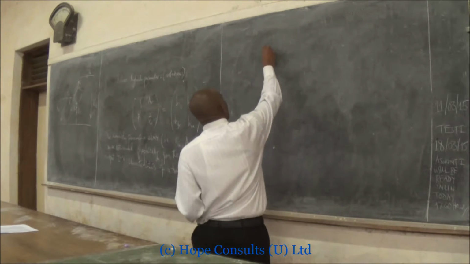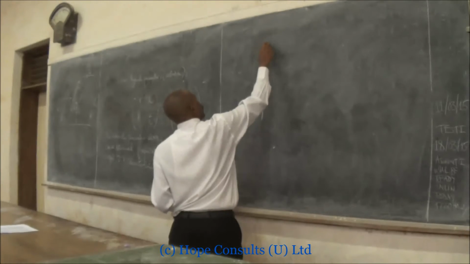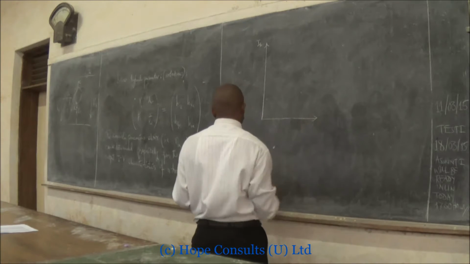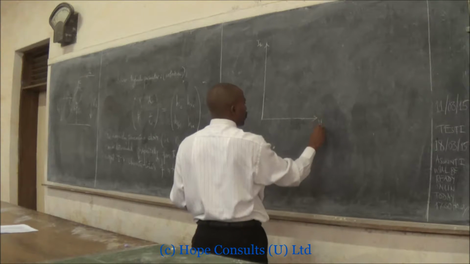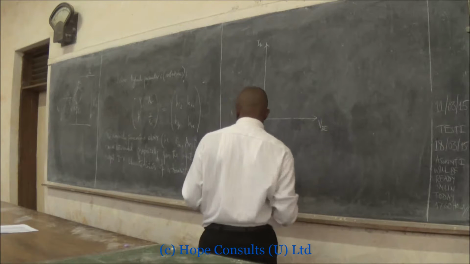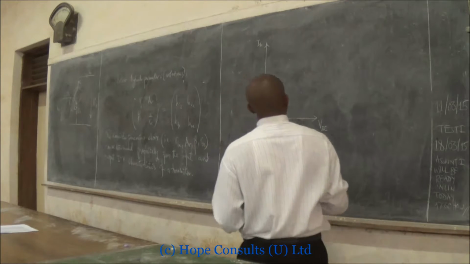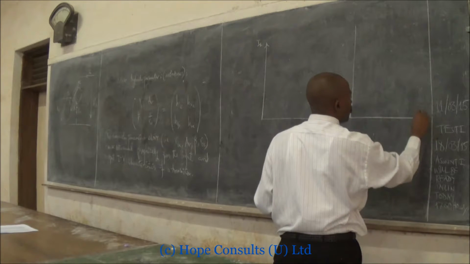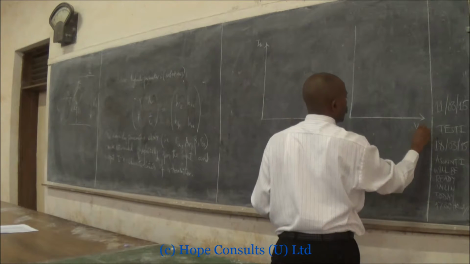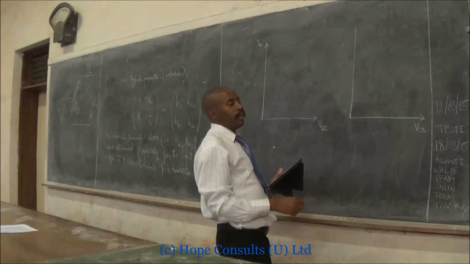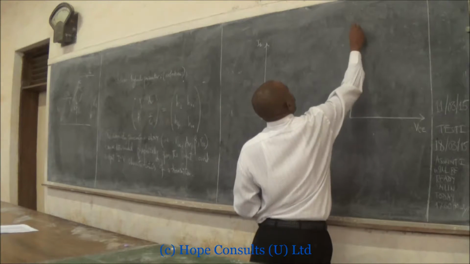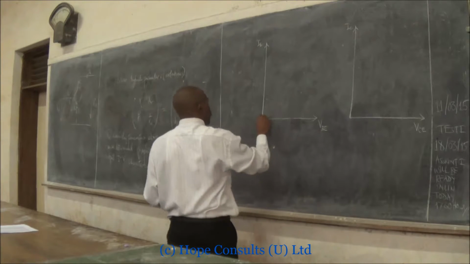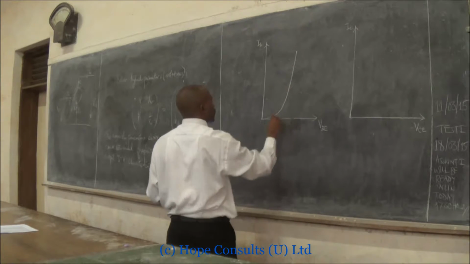So I will have my IB and then have my VBE. This is our input characteristics. Then for the output, we have the VCE and then we have the IC. These ones, we are getting up like that.